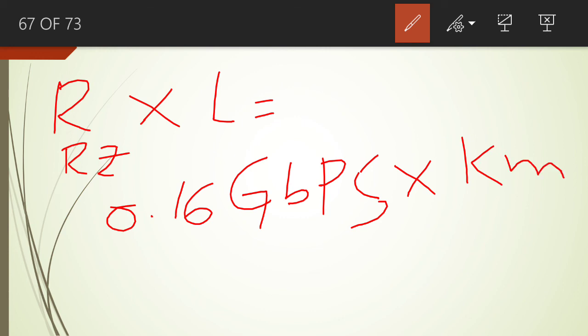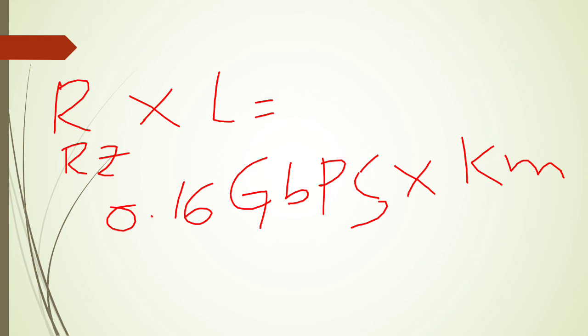So this is the return to zero signal data rate into the length of the information channel. Okay, let us consider the data rate of the non-return to zero signal, NRZ.